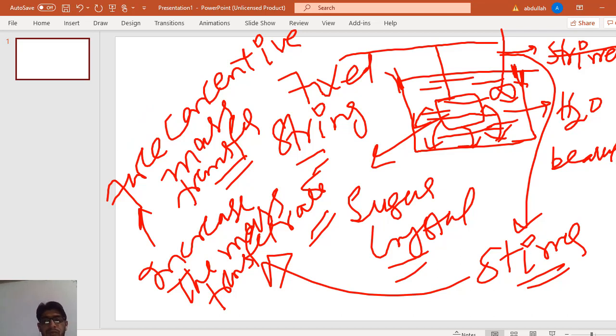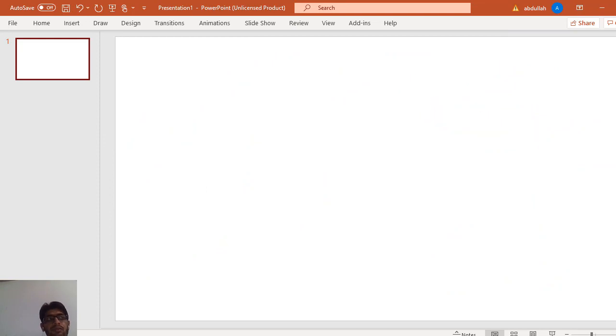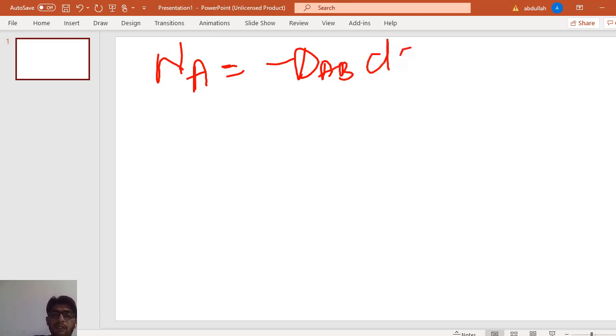Now, as we know, the molecular transport of component A is denoted by Fick's law of molecular diffusion, which is NA is equal to minus DAB dCA by dZ. Suppose this is equation number 1.